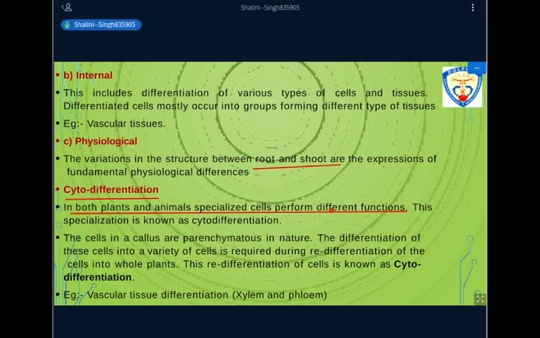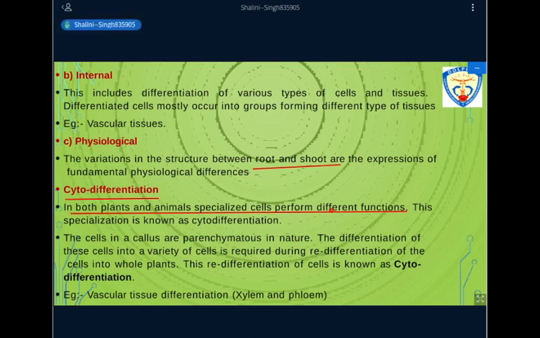The roots absorb minerals, nutrition and water from the soil, and then this whole mineral nutrition and water is pumped into the whole plant system to perform all the metabolic activities. So this specialization is important for plant structure and function, and this is known as cytodifferentiation.